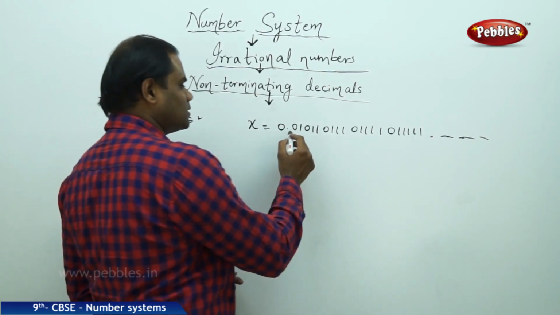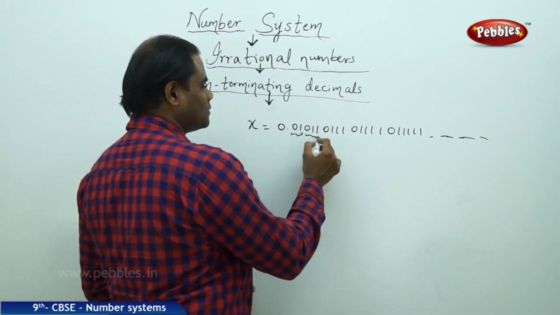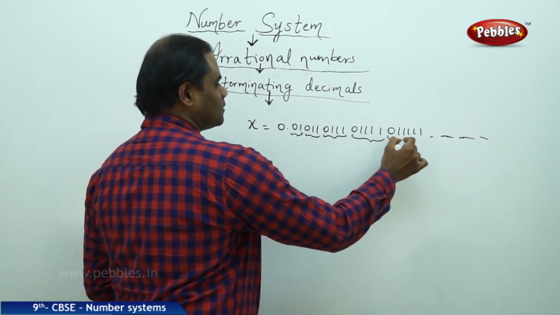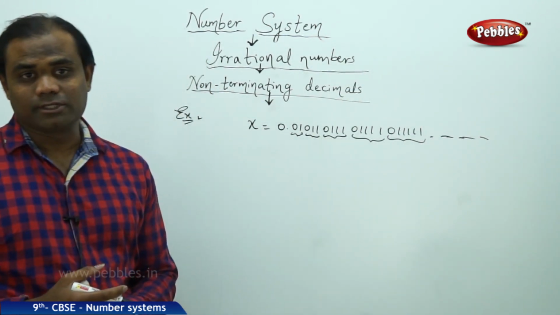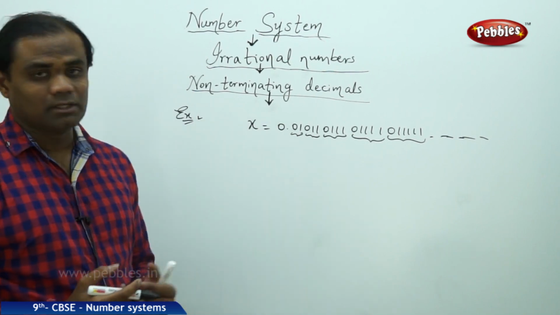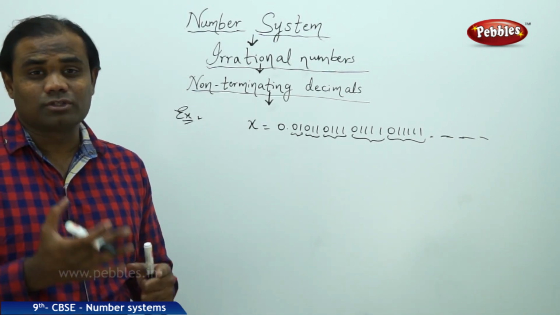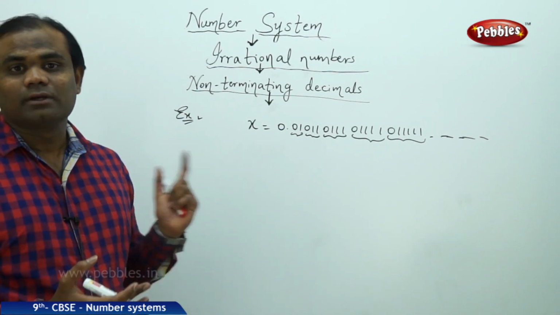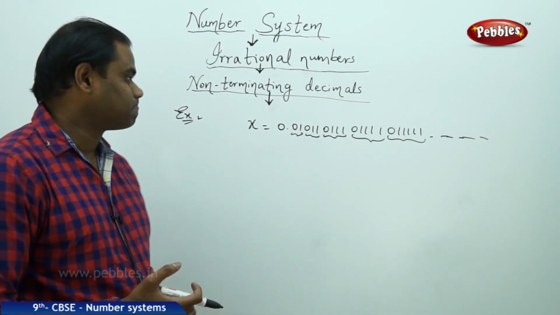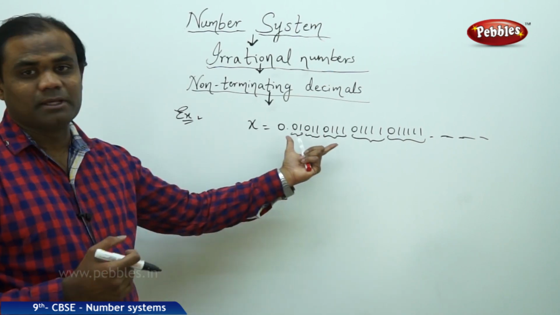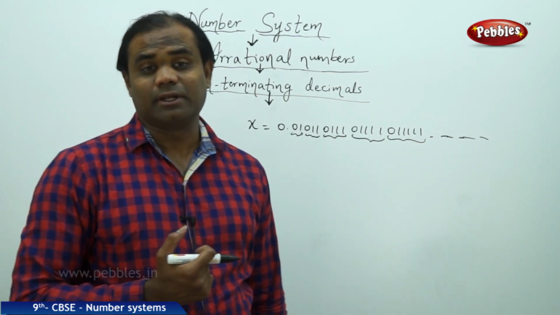As I form a sequence, this repeats, never ending, on and on till infinity. Such a decimal in the branch of mathematics is called a non-terminating, never stopping decimal. So let's see if this can be a rational or an irrational number.